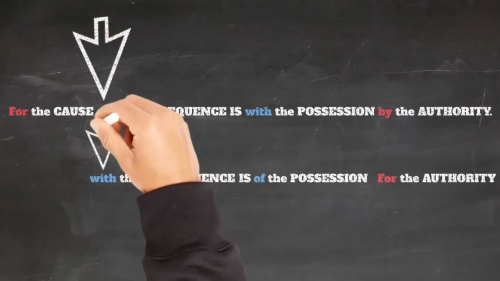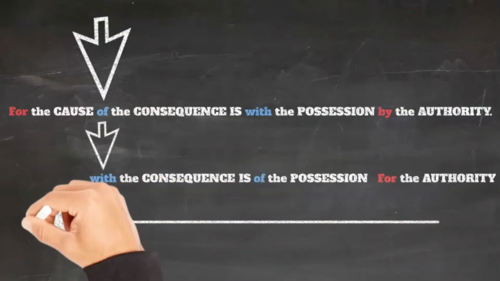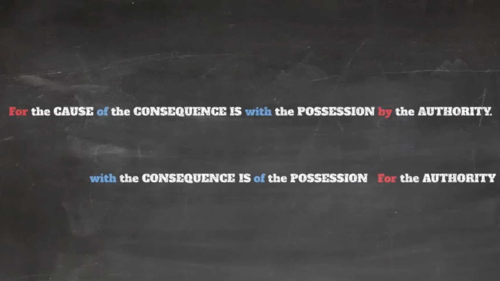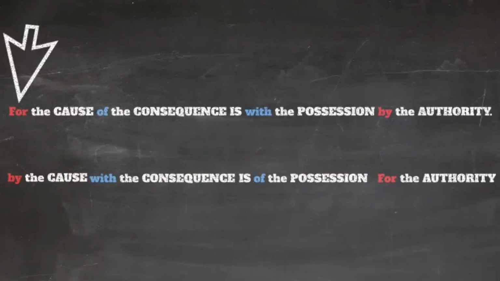Instead of saying of the consequence, I can write with the consequence. For the authority of the possession is with the consequence. Remember, of and with being opposite positions. And the same can be done with for the cause. I can swap this out by saying by the cause.